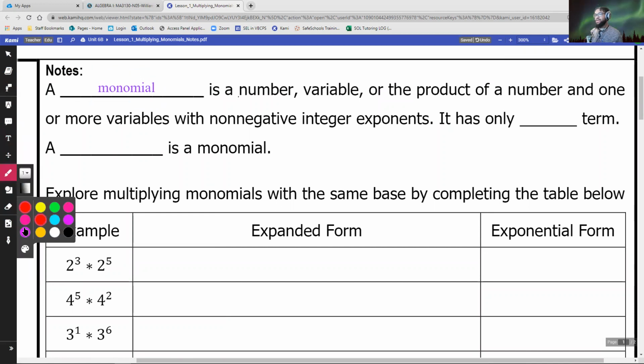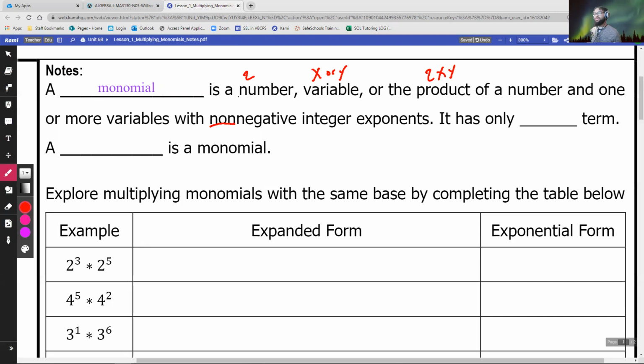So this could be a number like 2, or a variable like x or y, or the product, so it could be 2xy. Non-negative literally just means positive or 0. It's not a word we see often, but non-negative means not negative.